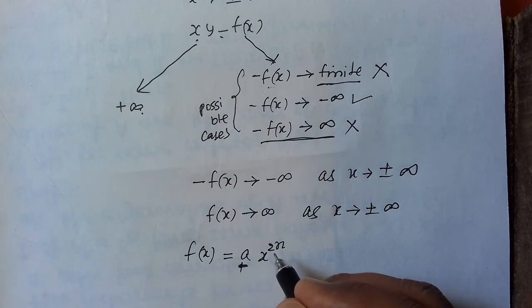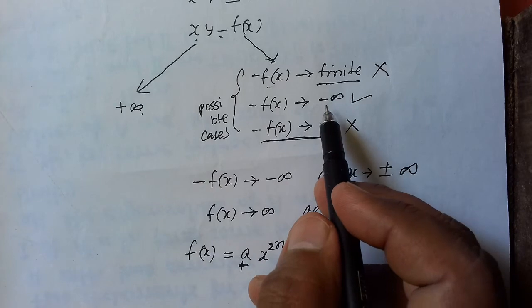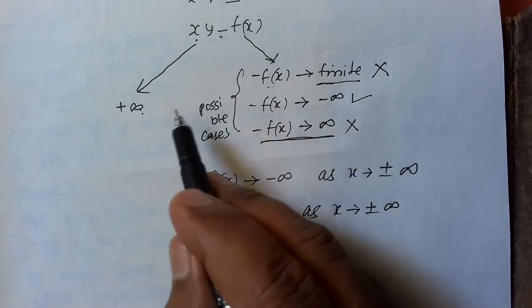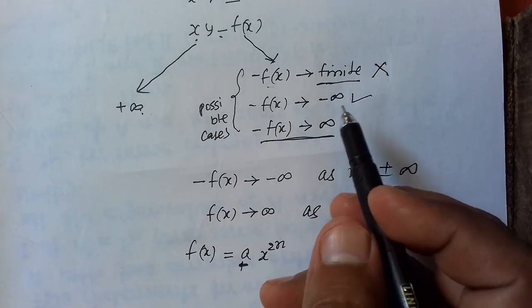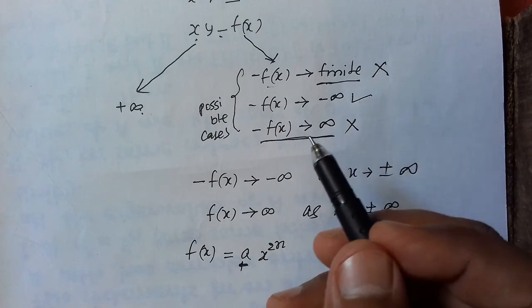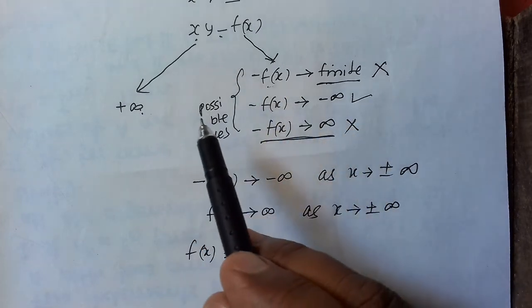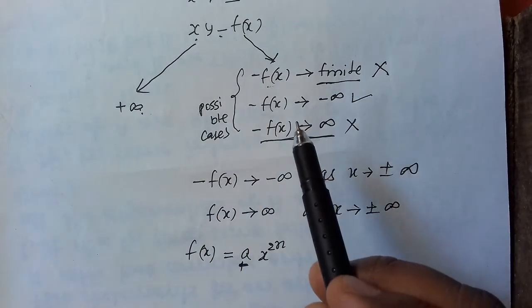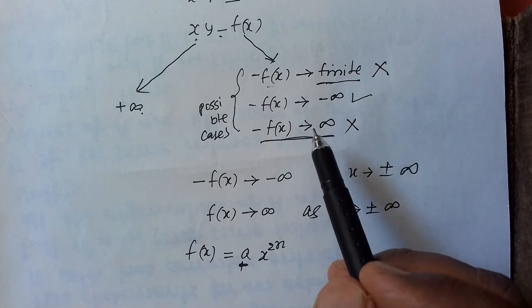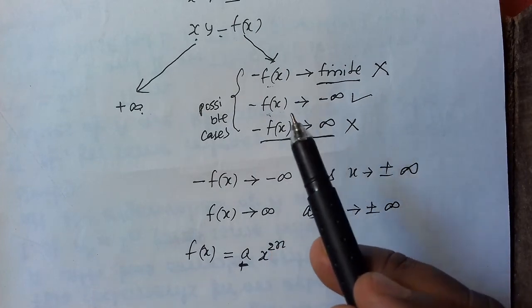And also you must see that infinity minus infinity may be a finite number, so for this whole thing to tend to minus infinity, f(x) should increase with greater speed.